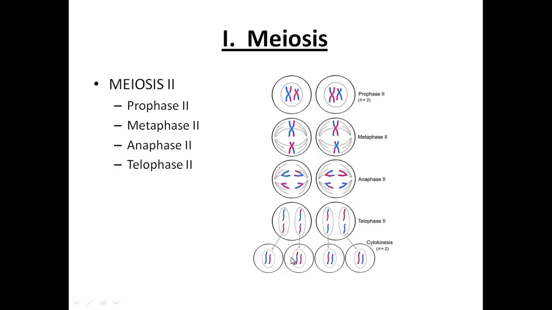If this is a male cell, these 4 cells would turn into sperm. In a female, you'd have 1 cell that becomes an egg, and the other 3 polar bodies are going to just dissolve and get taken back up in the body and aren't going to be used in reproduction at all. And that's it. So that wraps us up, taking us all the way through meiosis 1 and meiosis 2.